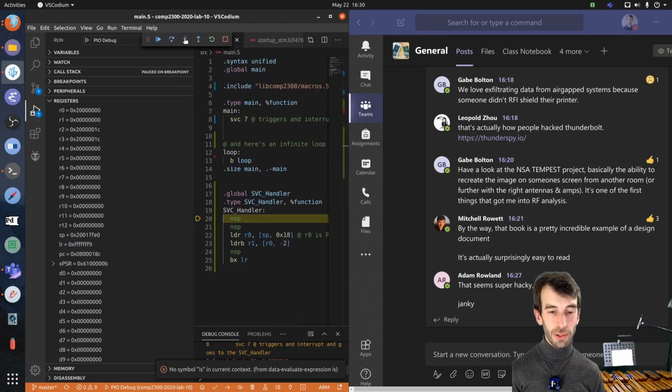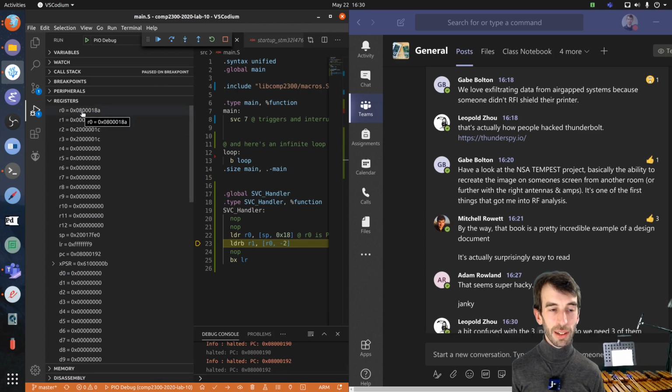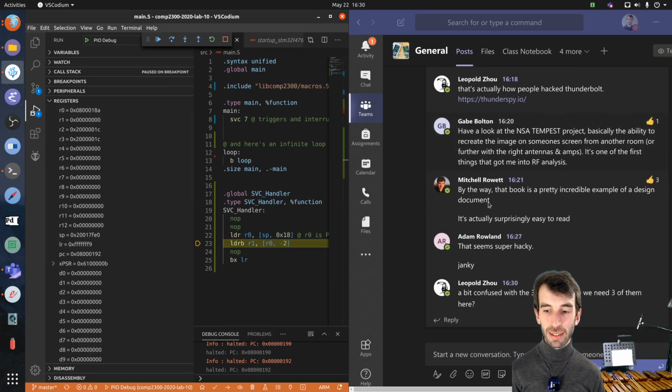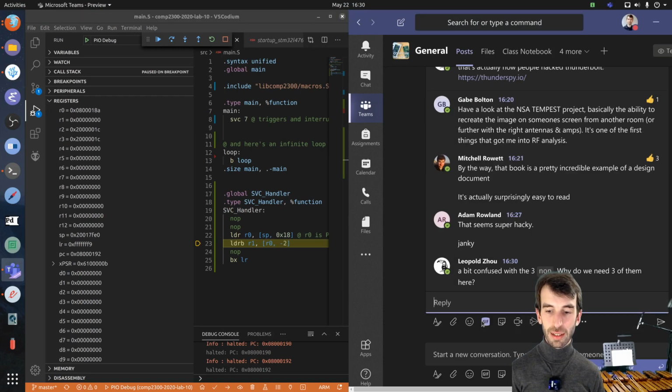Run my supervisor call. That looks right. That's something in the program, the data area, the program code area. Leopold's a bit confused about the NOP, just to have some space. Don't need them at all, actually.